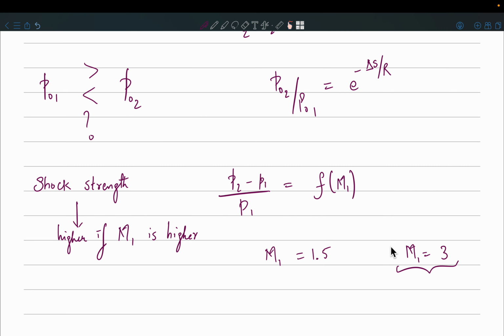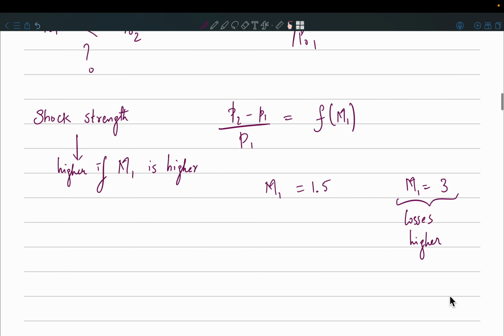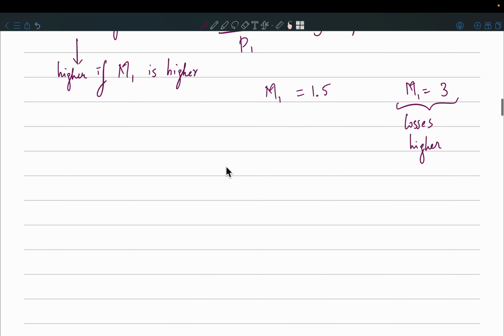M1 is also related to the static properties, and when the static properties change abruptly in a short region, when the abrupt change is very high, then the entropy loss will be very high. So in this case your losses will be higher, and hence this drop in the stagnation pressure will also be higher. So I can say delta P naught across a shock will be higher.